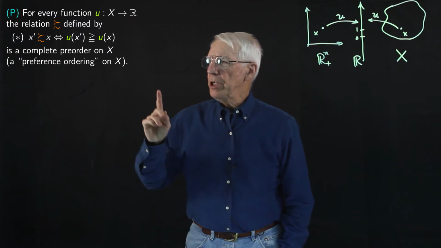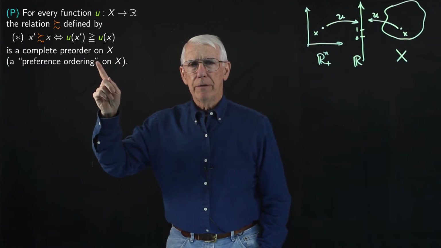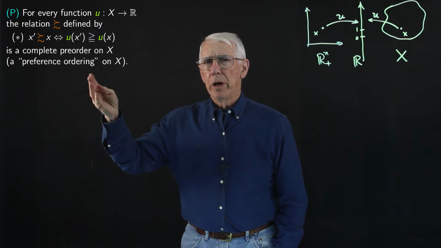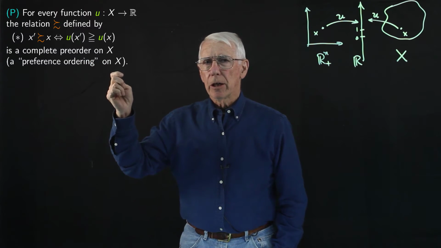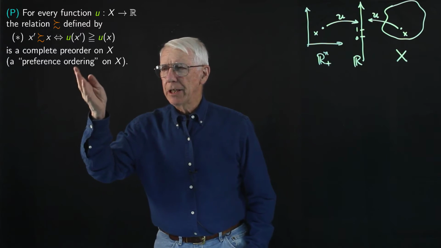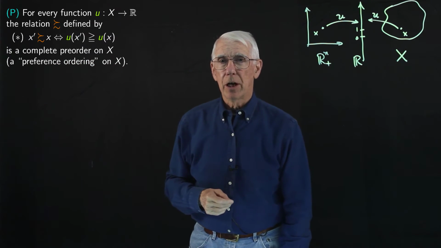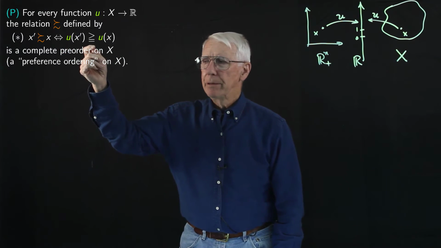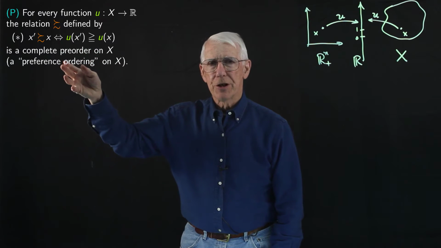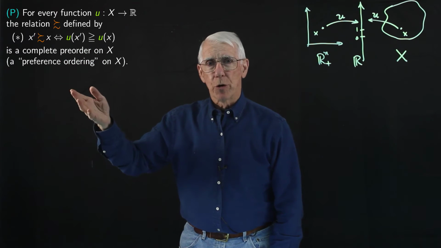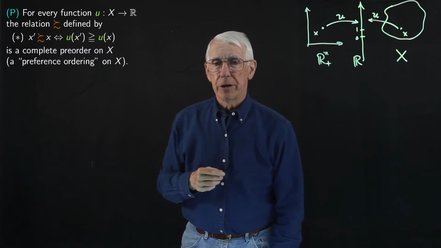This tells us that any utility function will automatically provide us with a complete preorder that represents preference in exactly the sense of this condition star. That is, we can think of this orange preference symbol as a preference ordering, and I'll use those terms interchangeably.